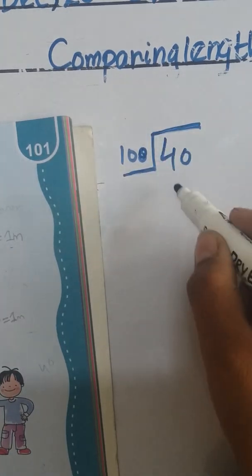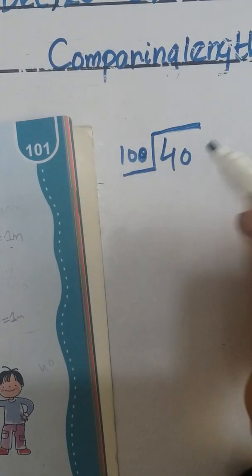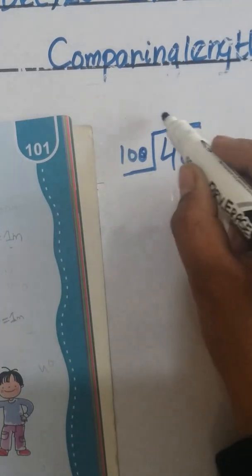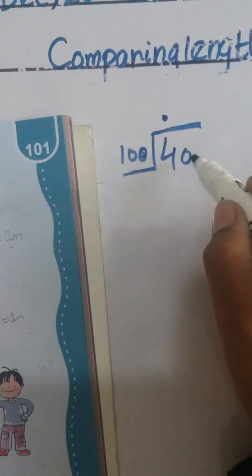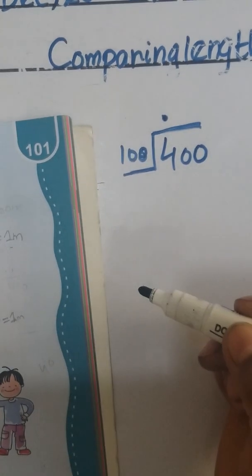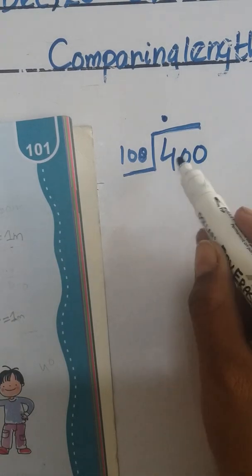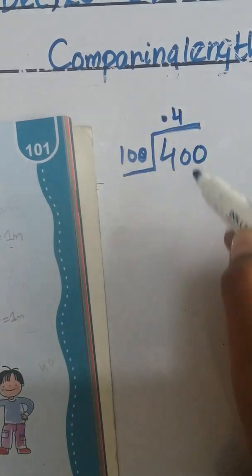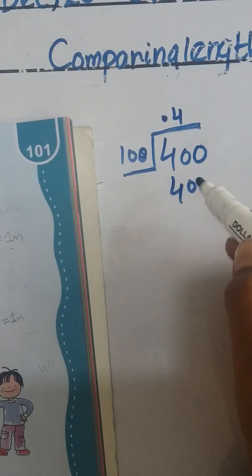So how do we divide it? 100 is greater than 40. So what we will do, we will put a point. This is again the rule of division. You will learn it in grade 2 and 3. So we will put 0 here to make the dividend greater. So 100 times 4 will be 400.